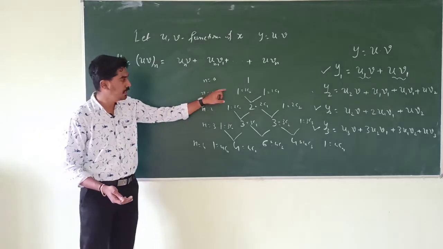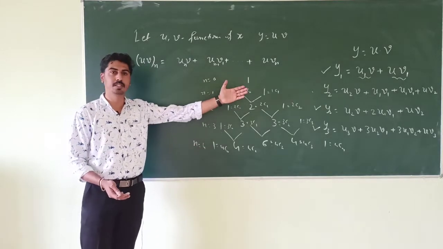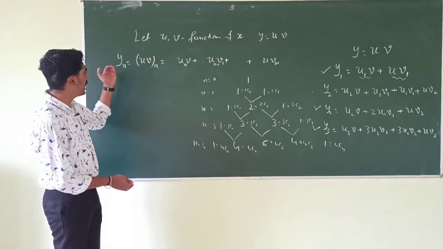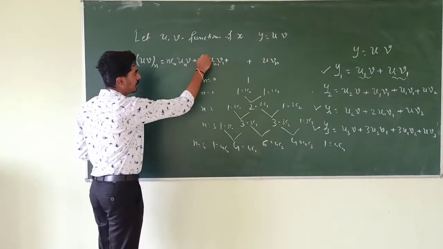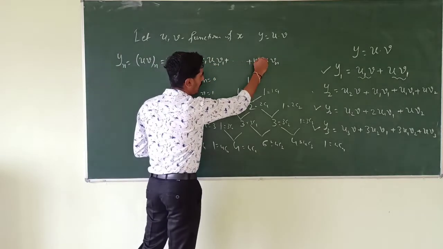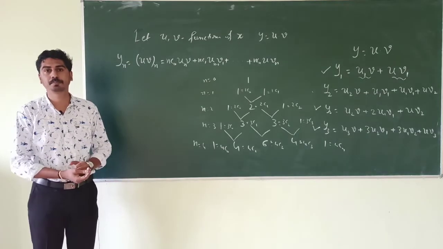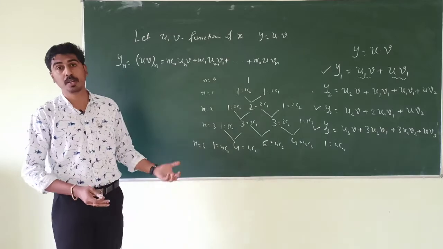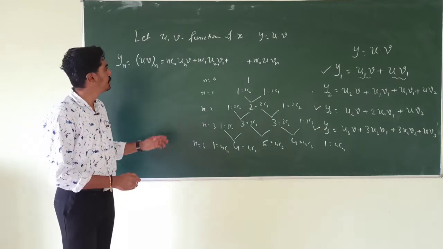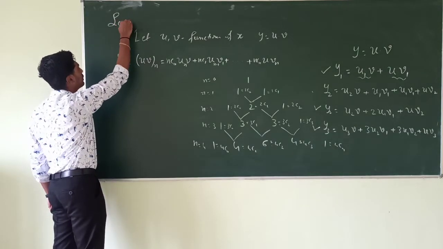For 1, 1C0, 1C1. For 3, 3C0, 3C1, 3C2. For n, it should be nC0, nC1, etc., nCn. And this theorem, which is similar to the binomial theorem which was proved by Newton, is known as Leibniz theorem.